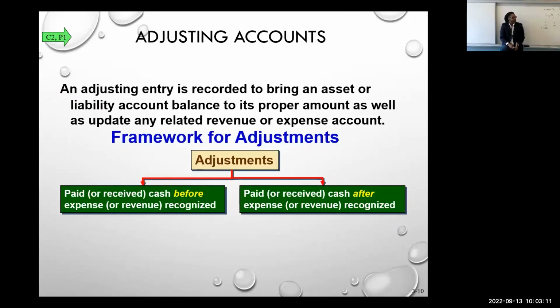So what's the framework for adjustments? Adjustments are when we pay cash before expenses are recognized, when we receive cash before expenses are recognized, when we've paid cash before revenue is recognized, when we receive cash before revenue is recognized, when we've paid cash after expenses are recognized, when we receive cash after the expenses are recognized, when we pay cash after revenue has been recognized, when we receive cash after revenue.